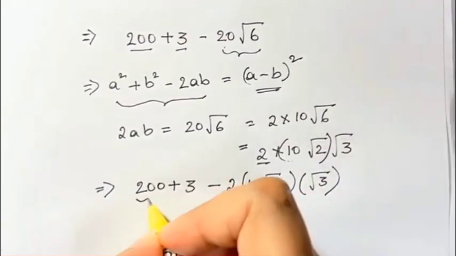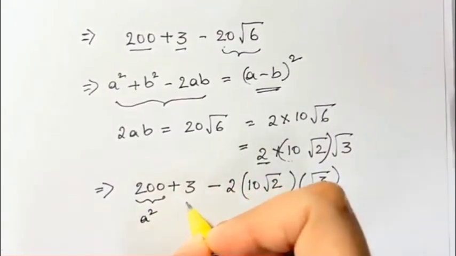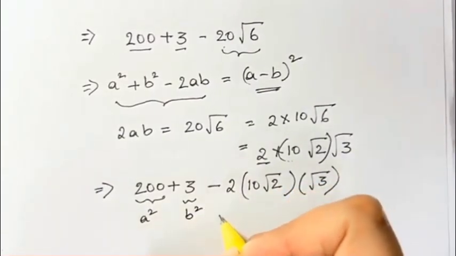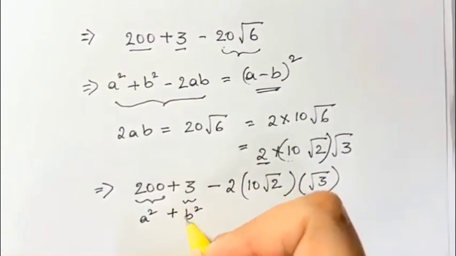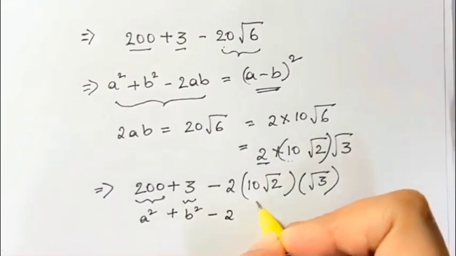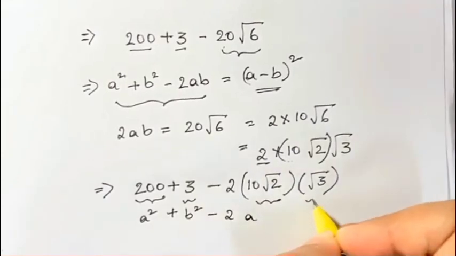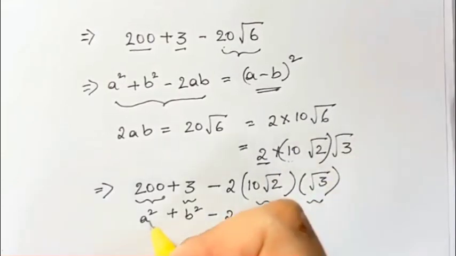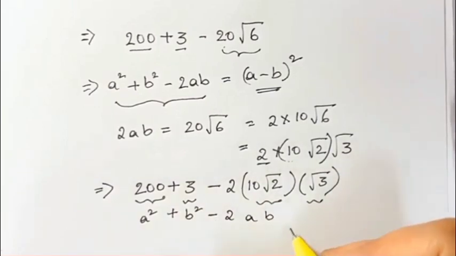So this is my a square, this is b square, and a square plus b square minus 2, this is a and this is b. So that's how you get a square plus b square minus 2ab.